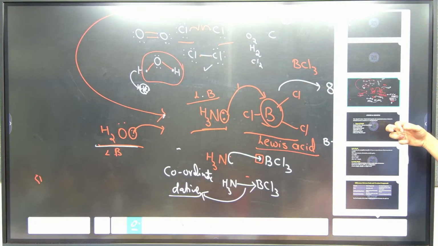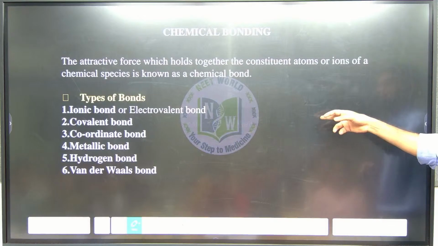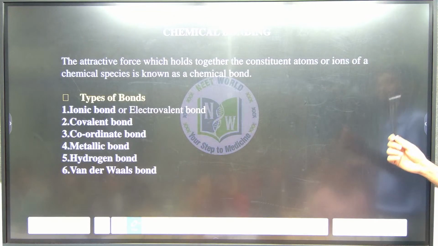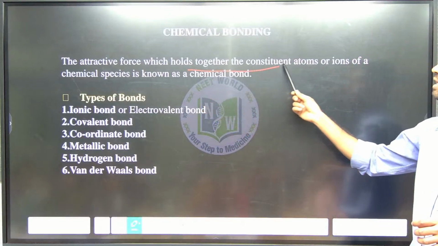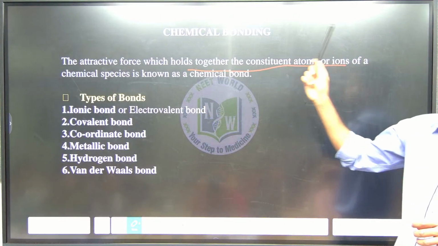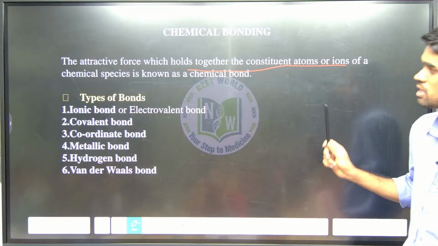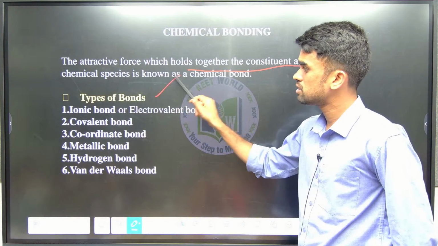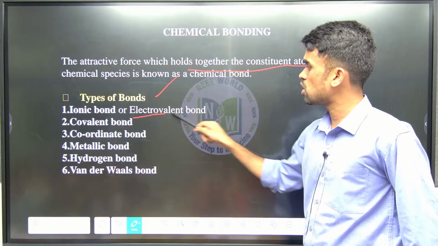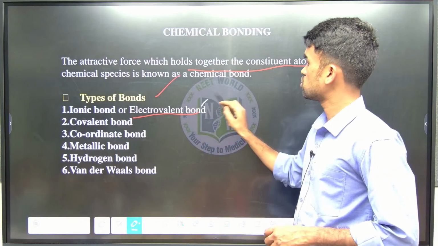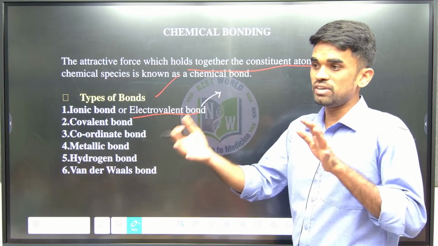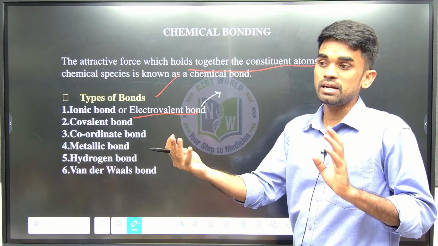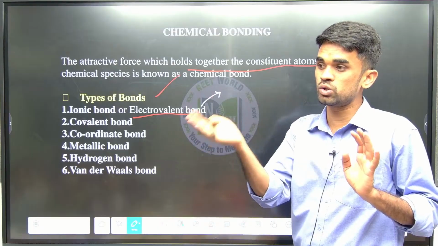Okay. So now we have the types of bonds here. So now see, once again read the definition. The attractive force which holds together the constituent atoms or ions in the chemical species is considered to be a chemical bond. So types of bonds: ionic bond, I told you how it is formed, between a metal and a non-metal by complete transfer of electrons from metal to non-metal.